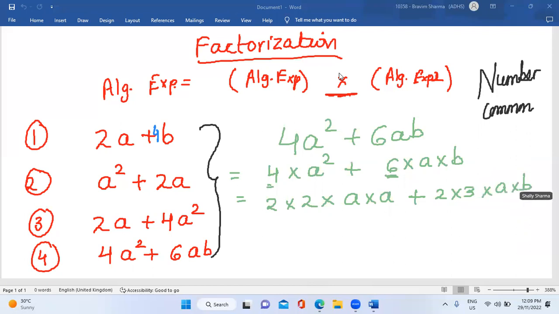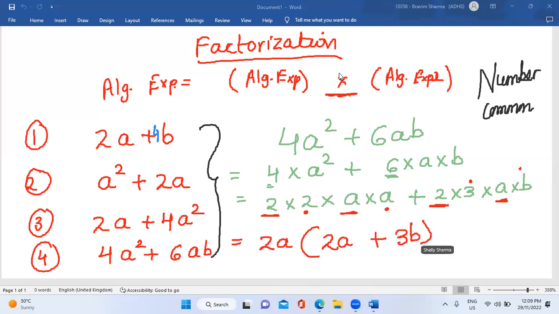Now I can see what is common in these two terms. 2 is here and 2 is here. a is here, a is also here. Now in the rest of the terms, there is nothing common. So basically I am taking this 2 and a common. So this 2a is outside. What is left inside? Again, there is 1, 2 and a, plus then it is 3 and b.